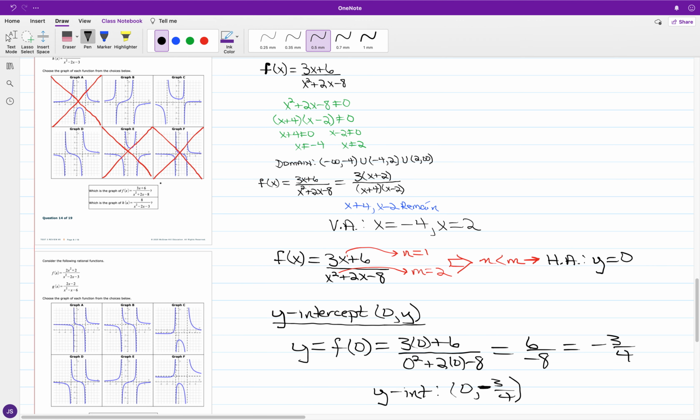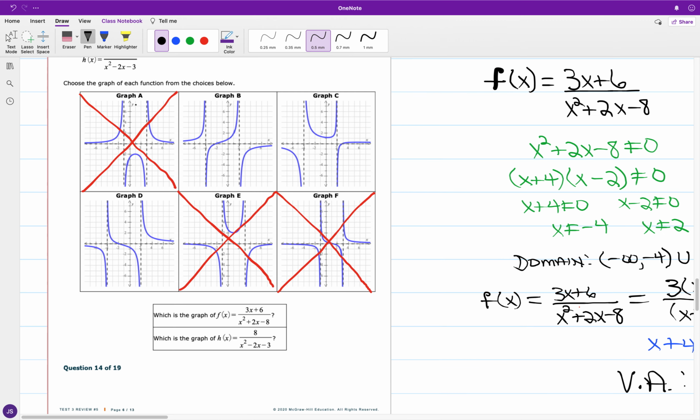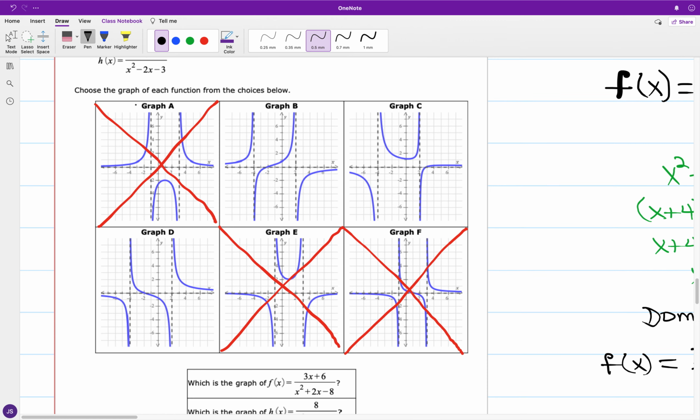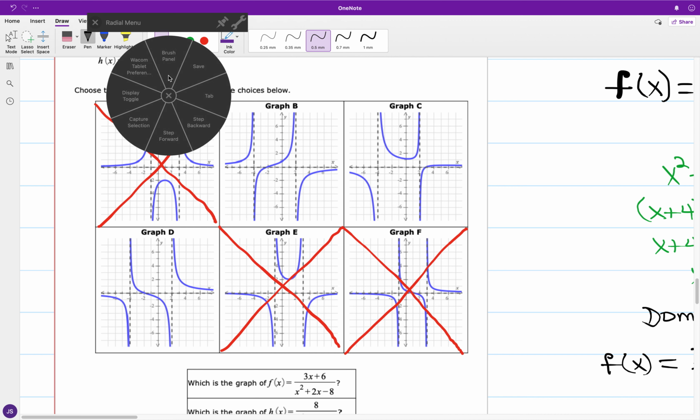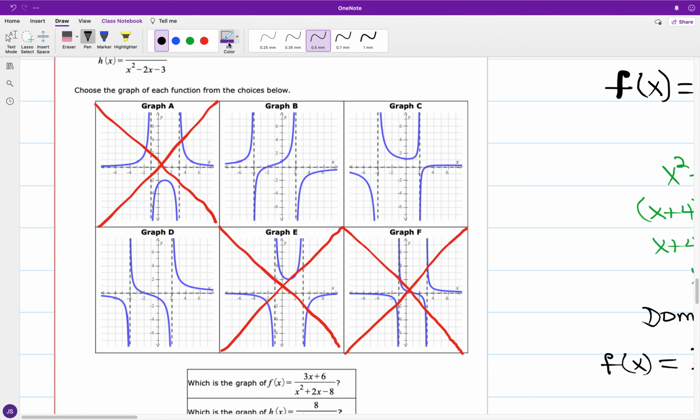Now we have all the same asymptotes in graphs B, C, and D, but we're looking for where the y-intercept is 0, negative 3/4, and it should be beneath the x-axis. Along the y-axis here, we have the y-intercept above the x-axis, so the y value is positive when it needs to be negative.